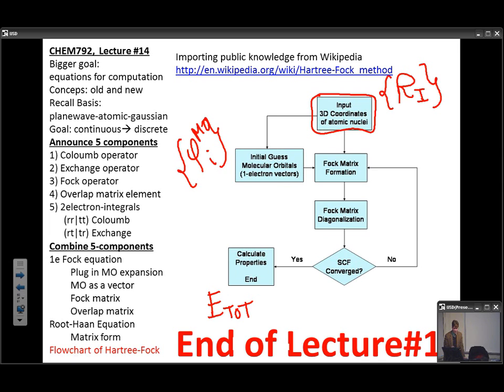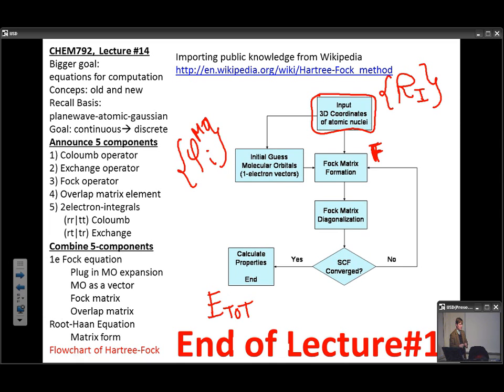Some guess for molecular orbitals is used to build the Fock matrix. This Fock matrix will reflect the interaction of one electron of interest with the rest of the electrons that occupy molecular orbitals that are arbitrarily chosen. Some software packages make a smart choice of those initial guesses. Some use just random numbers.